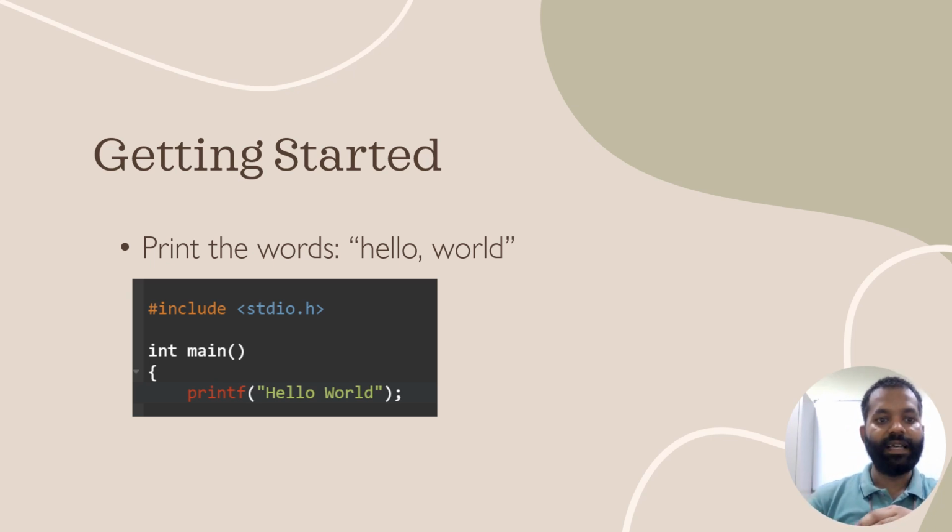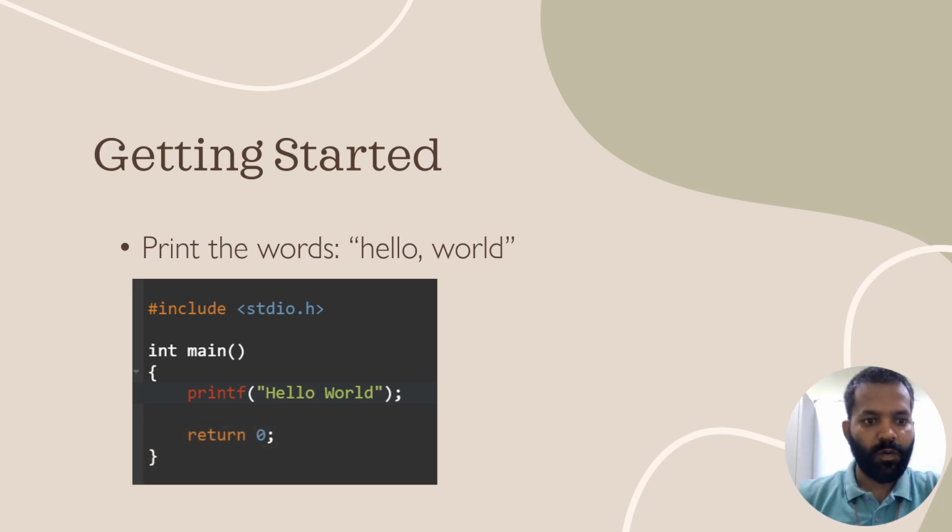Okay, then the last statement is the return statement. Return means that whenever the main function ends, it returns back. So this is the complete structure. There are basically four components.